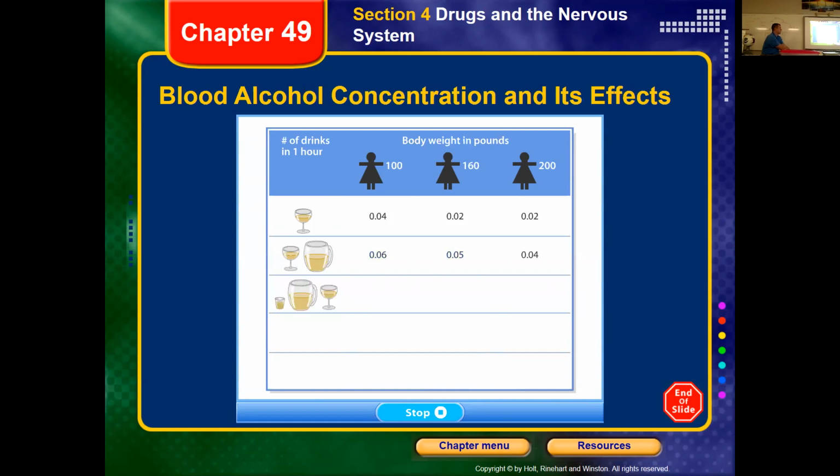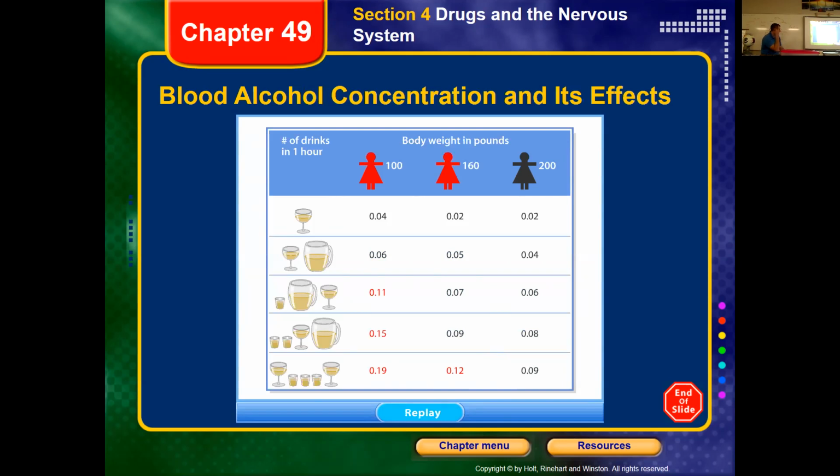After 3 drinks, the 100-pound person in red is severely intoxicated. The 160-pound person is reaching the legal intoxication level at 0.07. After 4 drinks, the 200-pound person is legally drunk, 0.08. After 5 drinks, the 100 and 160-pound persons are severely intoxicated.